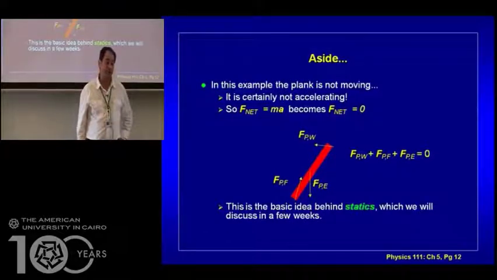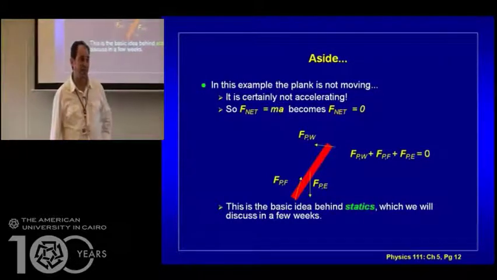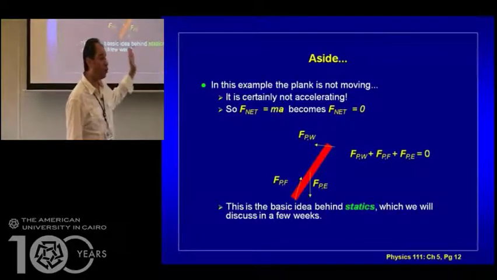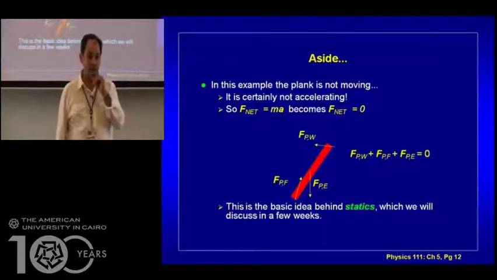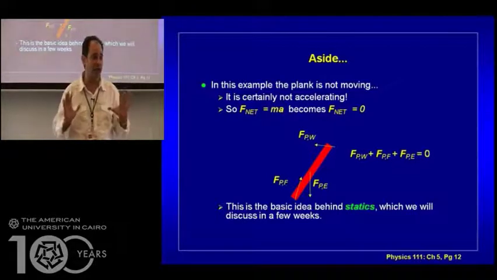Since that object is at rest, it's not moving. If the plank is standing on the pole and the floor, that means that plank is at rest. That means that if you add all those forces as vectors, and guys, when I say as vectors, that means you have to consider the direction in that case.